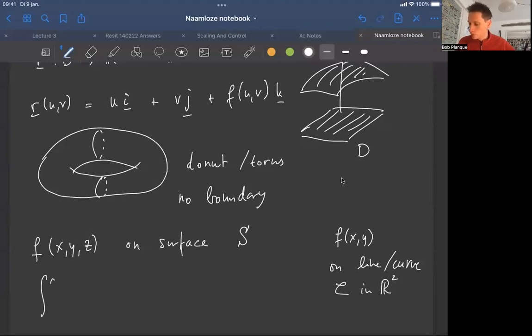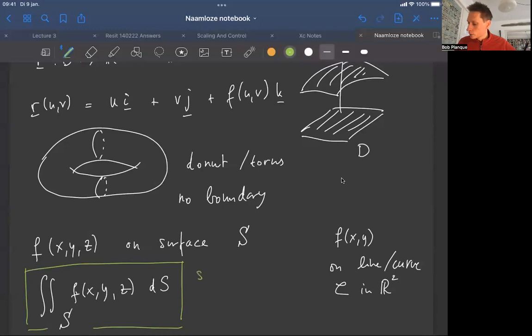We're going to denote this in this way. This is the notation for the surface integral of f over the surface S.